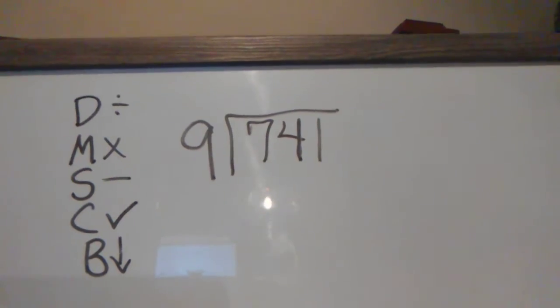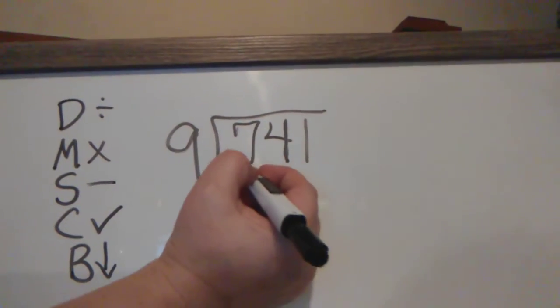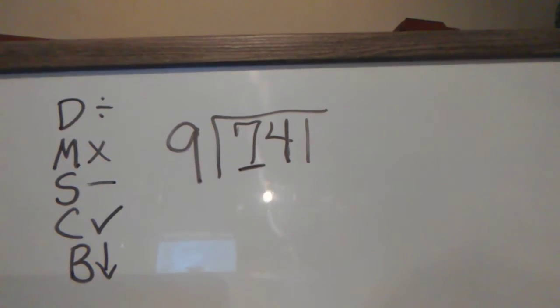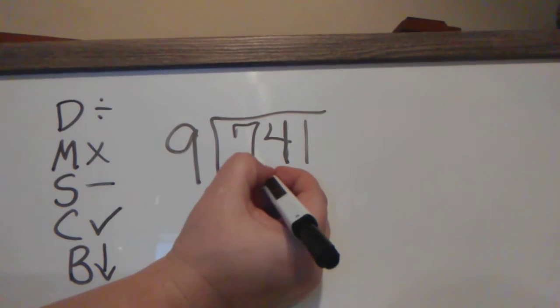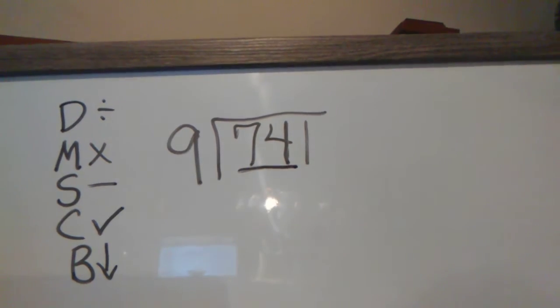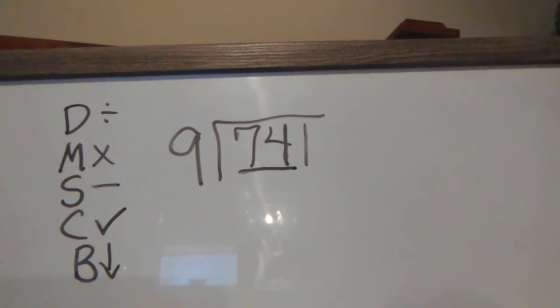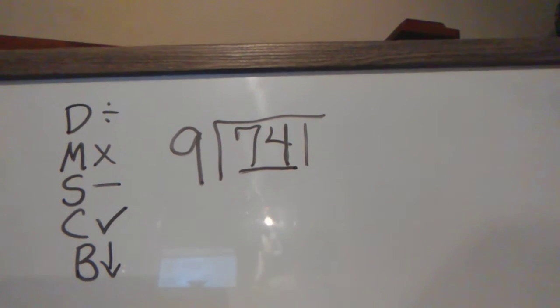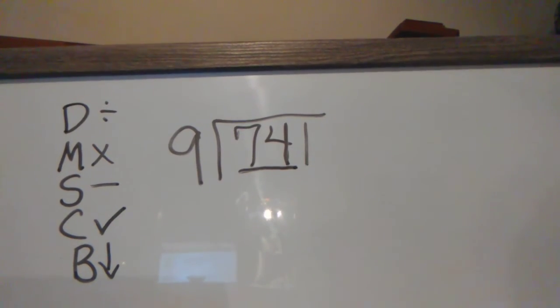So the first step of dividing, I ask myself, can I divide by 9 and get close to 7? No, it's too small. So when that number is smaller than my divisor, I have to use the first 2 digits. What can I multiply by 9 to get me close to 74 without going over?